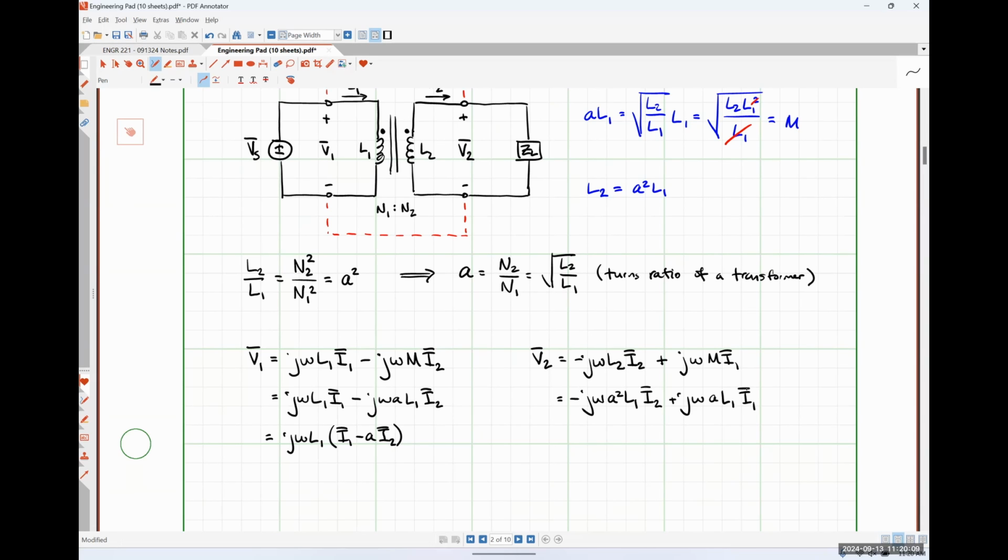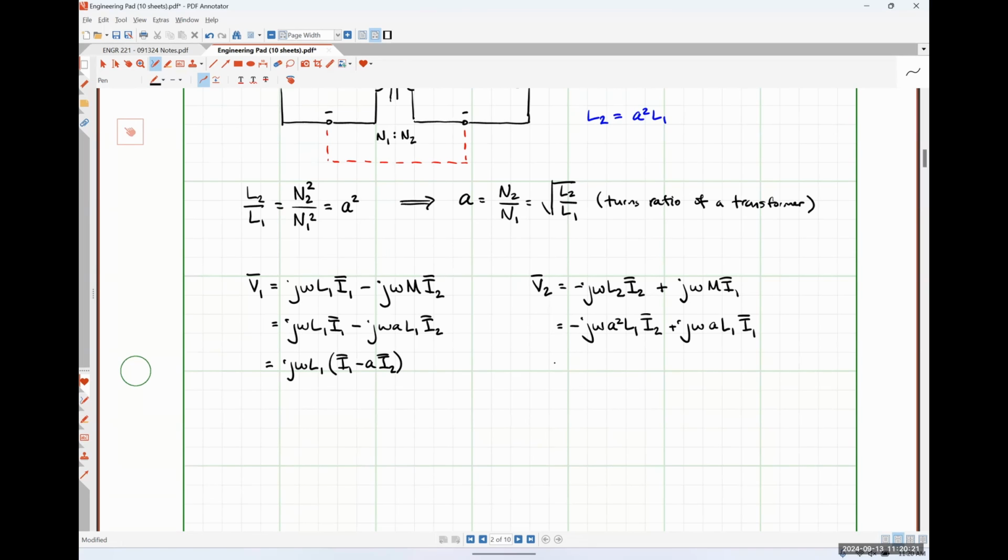Nothing too wild or crazy. Now we have a common factor of j omega A L1 on both sides that we can take out. So we've got j omega A L1 times I1 minus A I2.